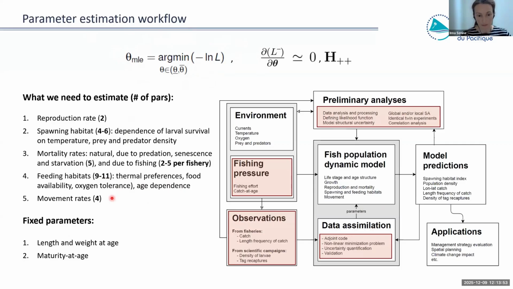So across age, for example, we need observations for larvae, and if we don't have them, then we have a gap between age 0 and the age when the population is recruited to the fished stock, when we have the data. So we might exclude some parameters and fix them. For this, we need a bunch of preliminary analyses, useful tools such as global sensitivity analysis, variational analysis, identical twin experiments, and correlation analysis, to be able to exclude those parameters which are correlated.